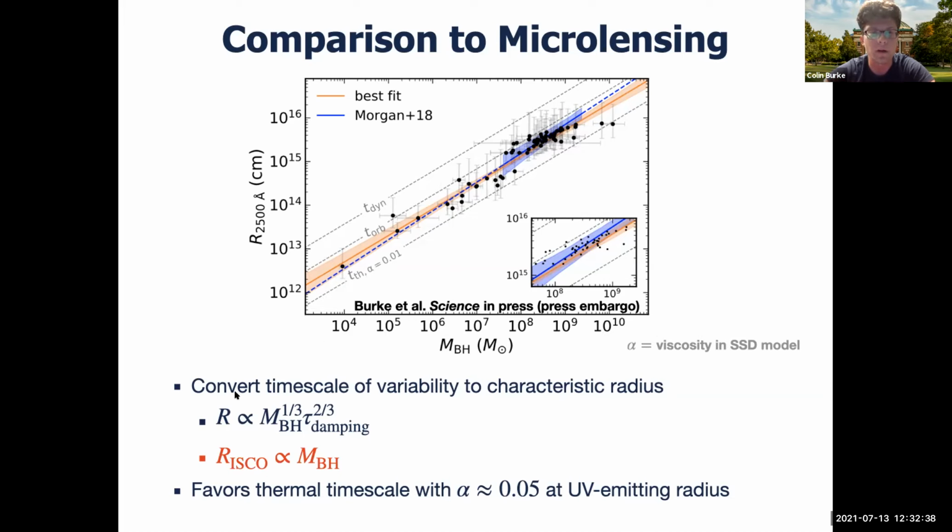They all scale roughly the same with this Keplerian radius, but there are different factors of the viscosity parameter alpha or 2 pi, whether it's the orbital or dynamical time. So that's why the normalization is different for these various timescales. And ours is more consistent with the thermal timescale, but with an alpha of roughly 0.05.